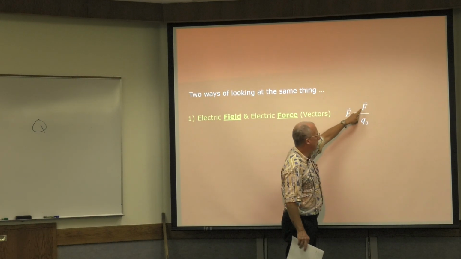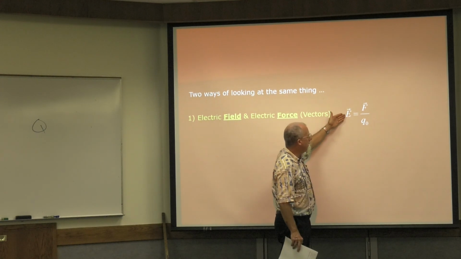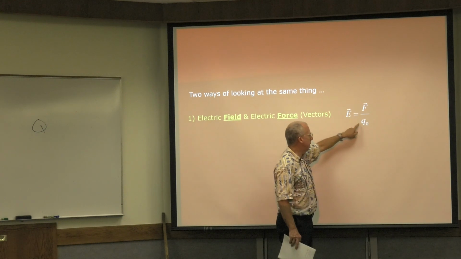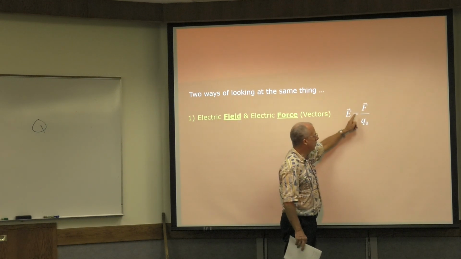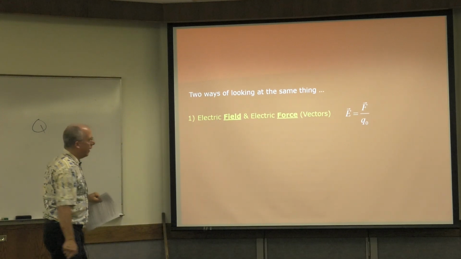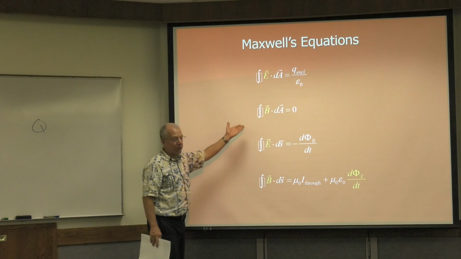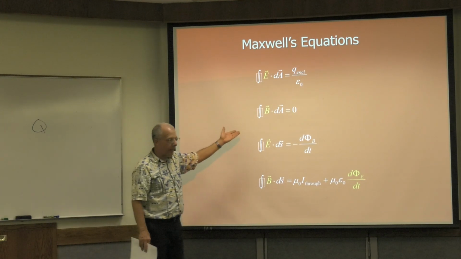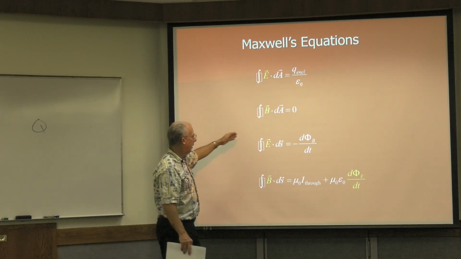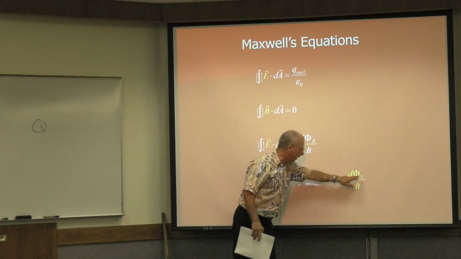The E field equals the force measured between the charge that created the E field and the probe charge. And then since we don't want the E field to depend on the probe charge, we divide by it. Okay, and as we said last time, Maxwell's equations, which describe everything there is to know about electricity and magnetism, classically anyway, are in terms of these fields, right? So the fields are really important.